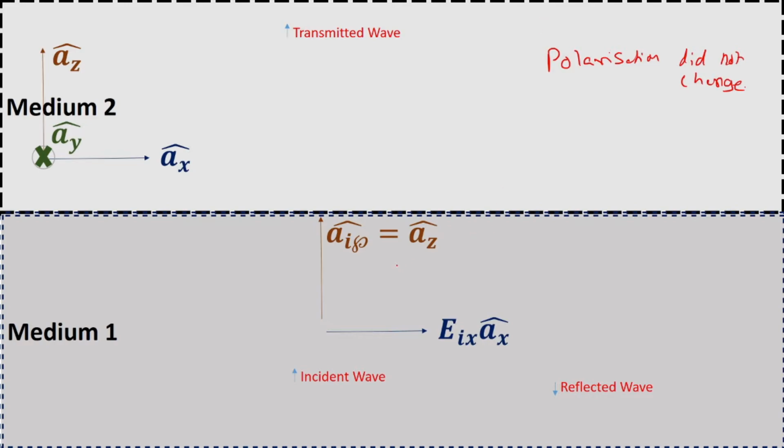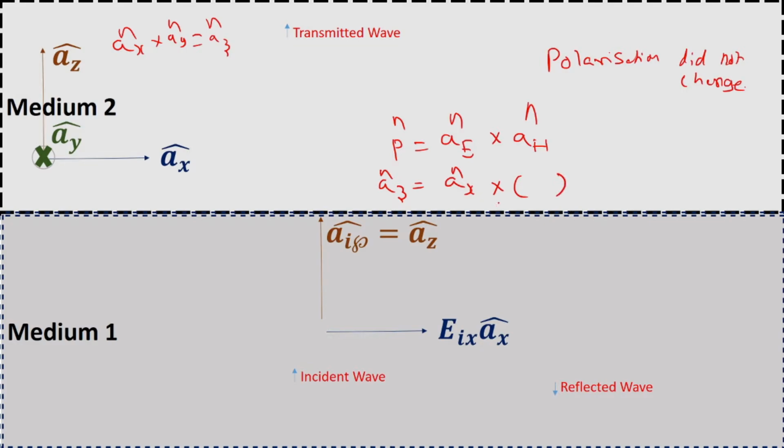Now, if this is the Poynting vector's direction and this is the direction of electric field intensity, we know that the Poynting vector's direction is the cross product of the direction of electric field intensity and the direction of magnetic field intensity. We also know that ax cap cross ay cap equals az cap. And this Poynting vector is along az cap and E is along ax cap, so H should be along ay cap.